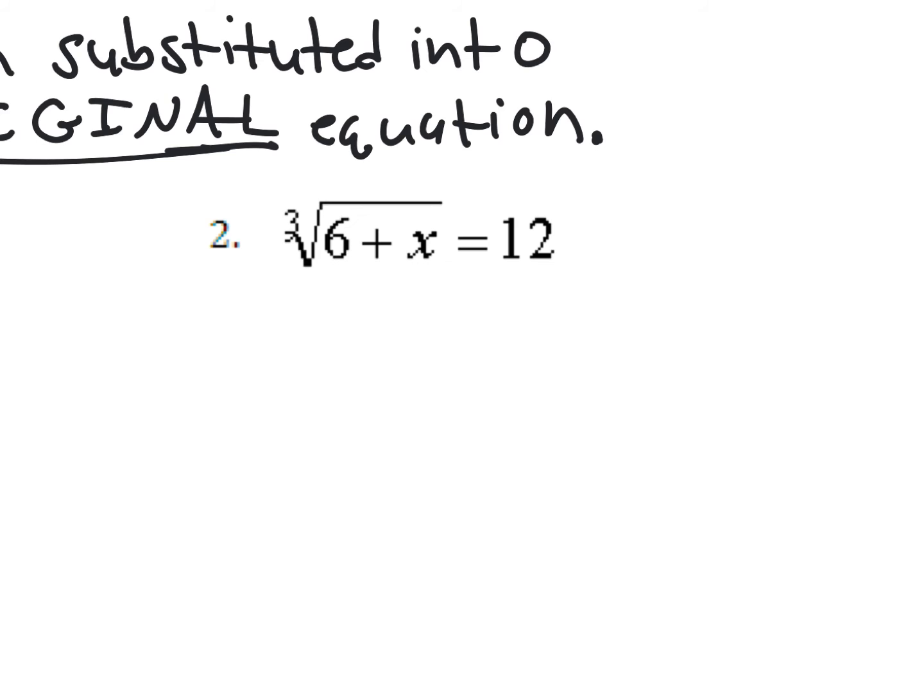So again, step one, we isolate, but the radical expression is already by itself. I don't have to do anything to isolate the radical expression. So I can go right into eliminating. Does anybody know how to get rid of a cube root? Cube both sides? Yeah, you cube both sides. Whew, anybody got a calculator handy? Sure hope so. I don't know what 144 times 12 is.